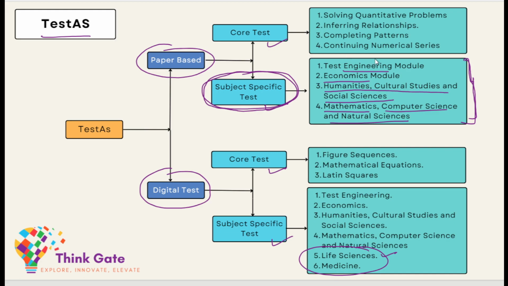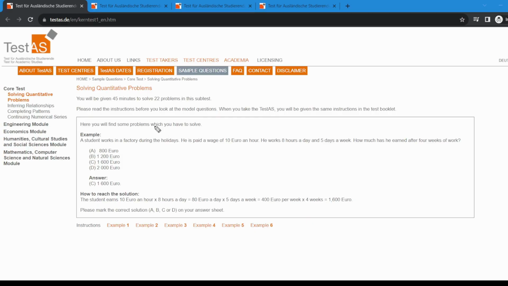In the paper-based TestAS, topics are solving quantitative problems, inferring relationships, completing patterns, and continuing numerical series. Whereas the topics for the digital core test are figure sequences, mathematical equations, and Latin squares. Let's try to understand what exactly aptitude is.